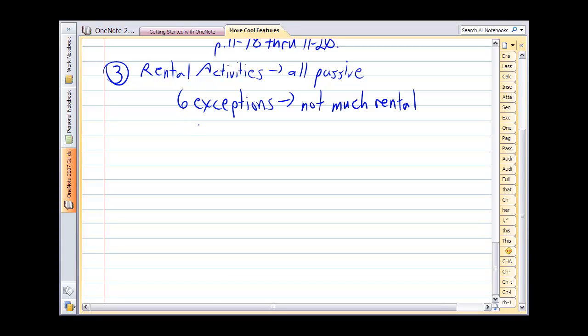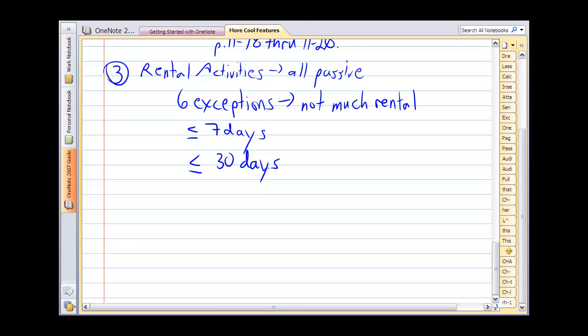So the first one here is if you rent the property for 7 days or less, or the average period a customer uses the property is 30 days or less. Significant services are provided by the owner of the property.